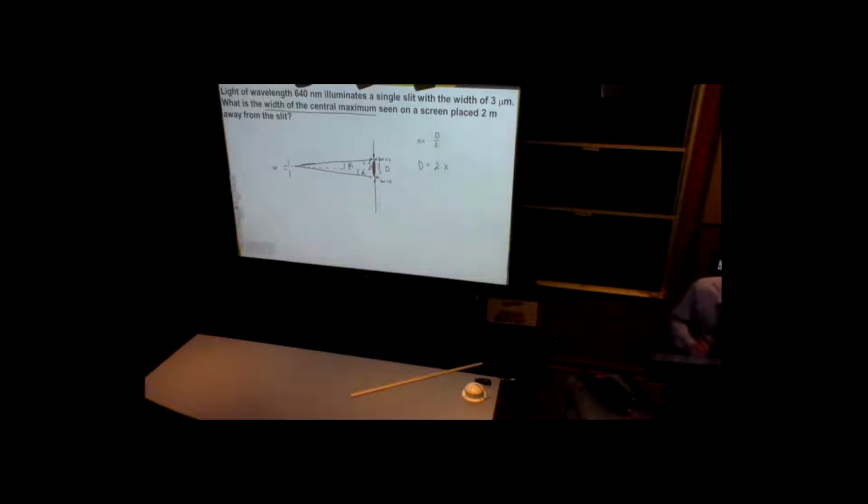Well, we have a triangle. This distance is equal to 2 meters. So we have a very long right angle triangle: theta 1, L, x. Again, x will be equal to the distance between the slit and the screen times the tangent of this angle.